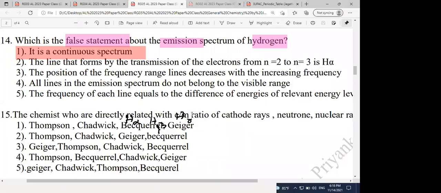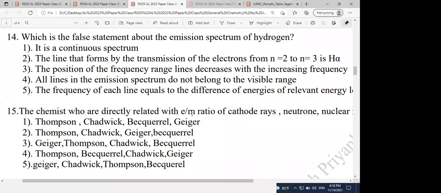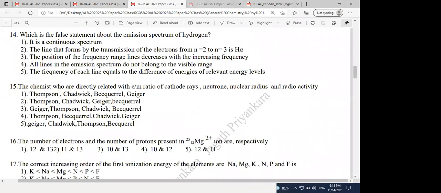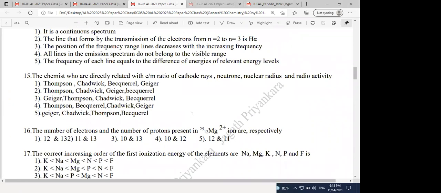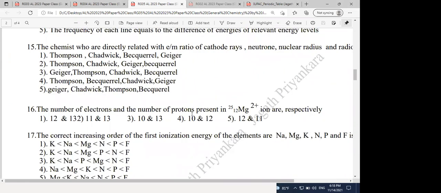The 15th one is again from general chemistry, your first chapter. 15th MCQ, what is the answer? Can you quickly post the answer?